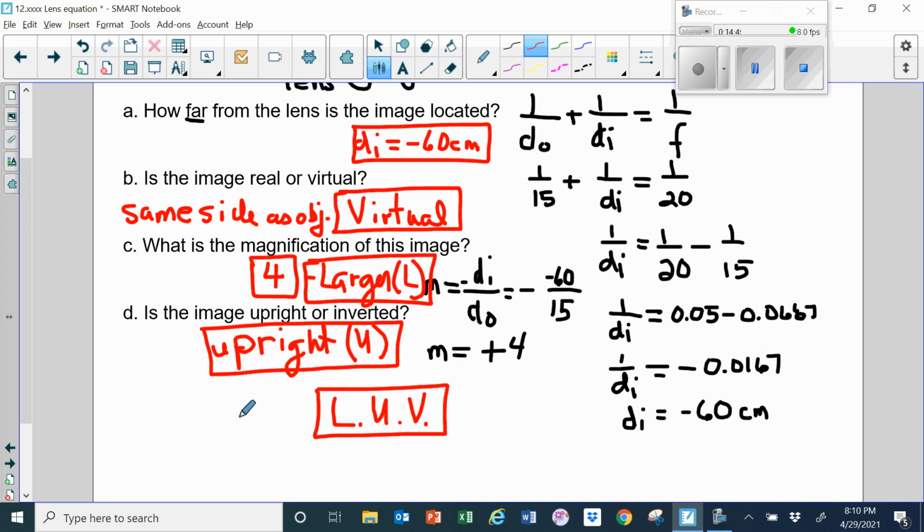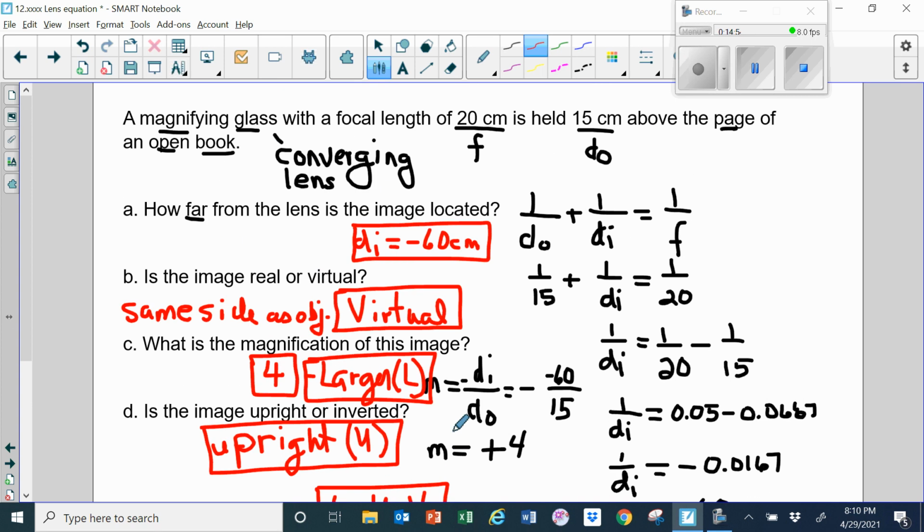So there you go. This is how you can solve one of these problems, and you'll have some practice problems to do.